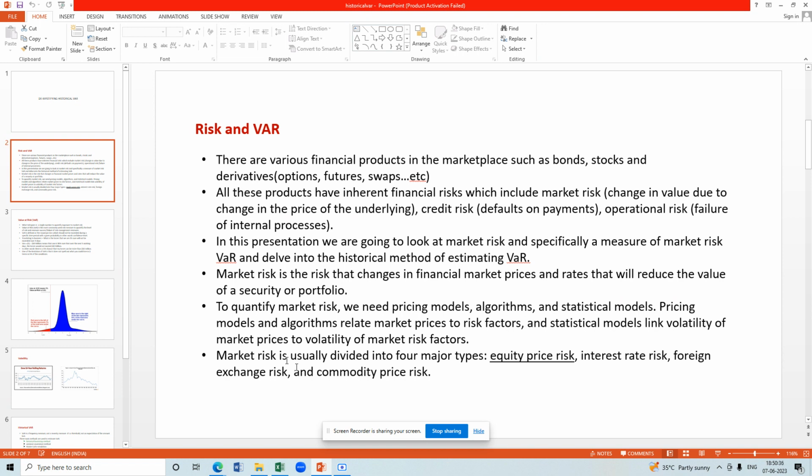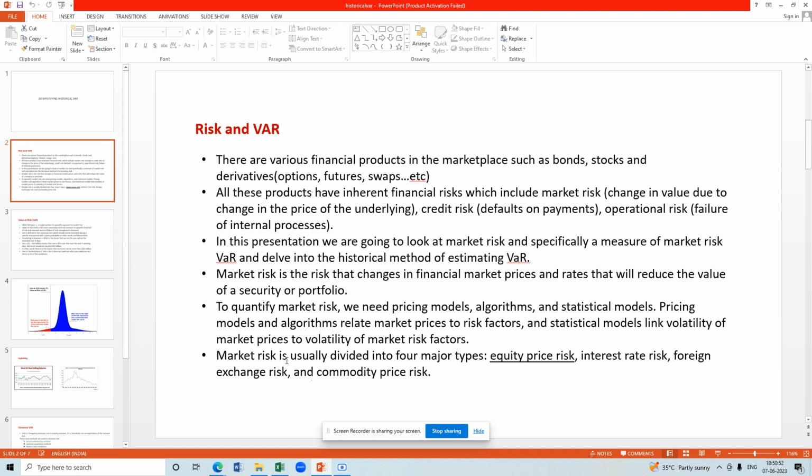Now, in this walkthrough, we are only going to look at market risk and more specifically, how exactly market risk from the point of view of VaR is calculated using the historical method.